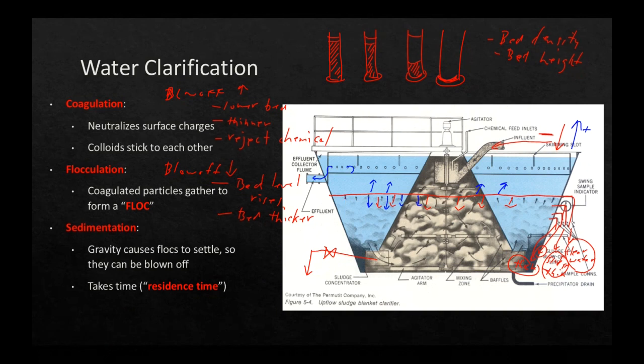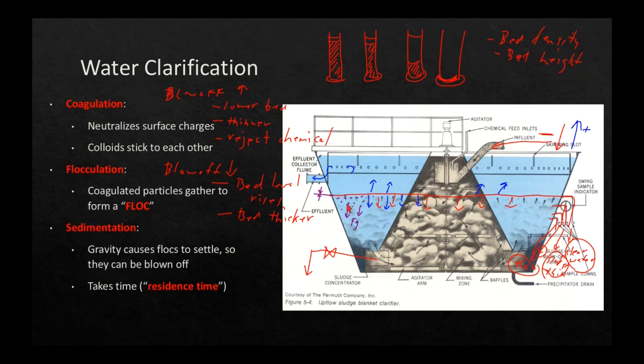So, what exactly is keeping these particles here at the surface of the bed? At this point, they're no longer colloidal. This is flock, and it's flock that has somehow risen to this particular level. And so why do they just stay there? Because they are now heavier particles, because they've coagulated together, there is a force of gravity on those particles.